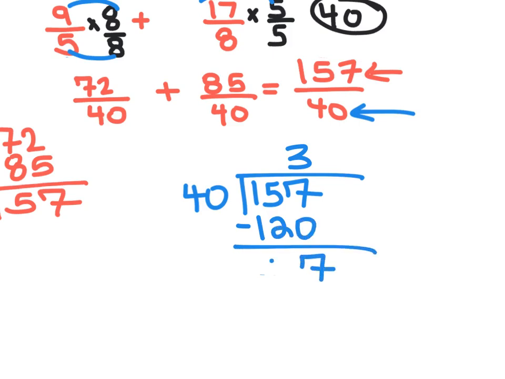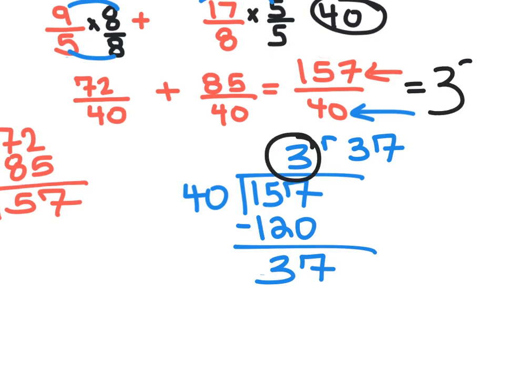And I have 37 left over. So my remaining amount is 37. So my final answer to this question is that 157 out of 40 is 3, and 37 out of 40.